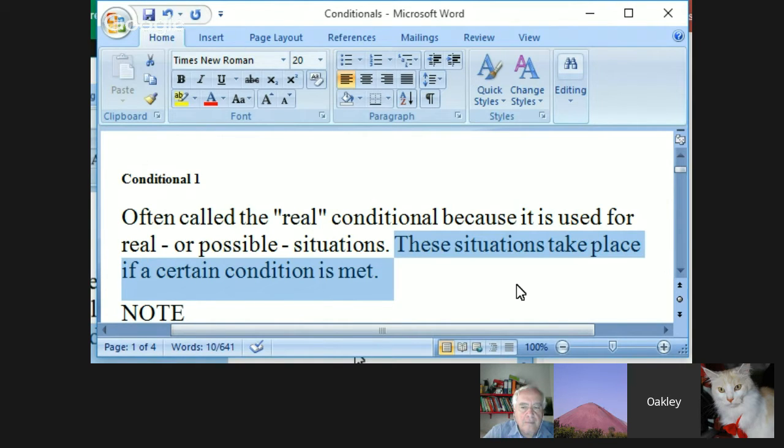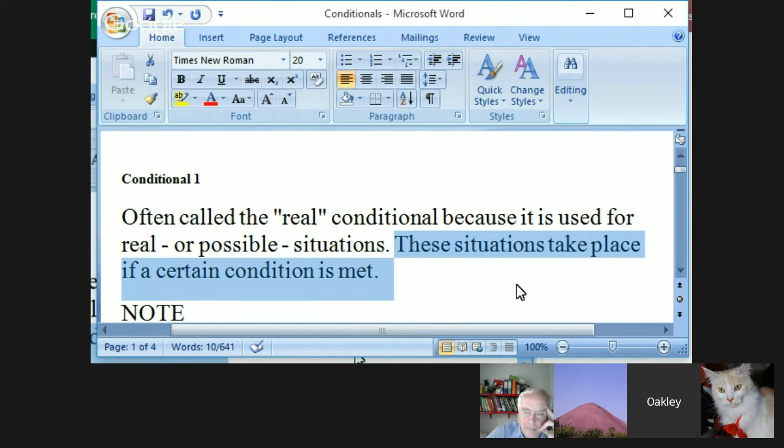If the sky is pure blue, it is not going to rain. Well, usually it takes clouds to make rain, so I would consider that pretty much factual. If you throw water on me, I get wet. Cut me and I bleed. If you cut me, I bleed.